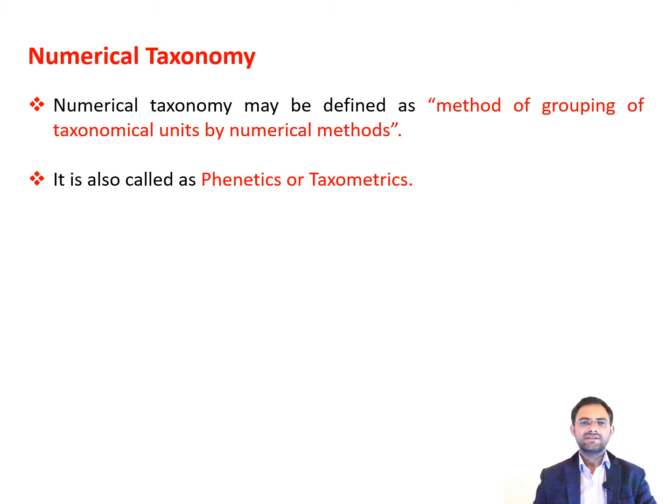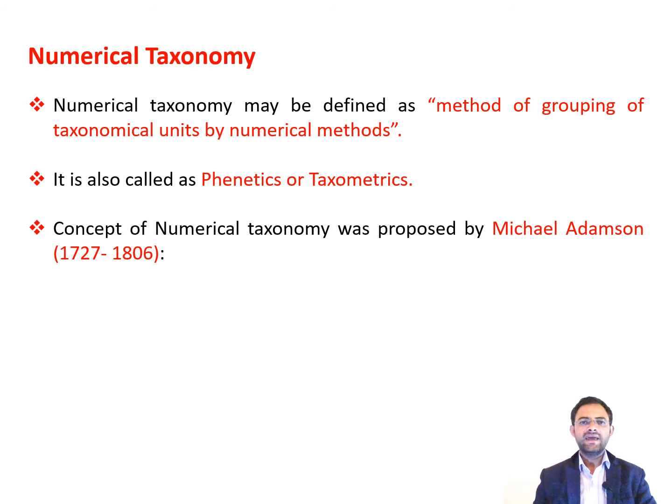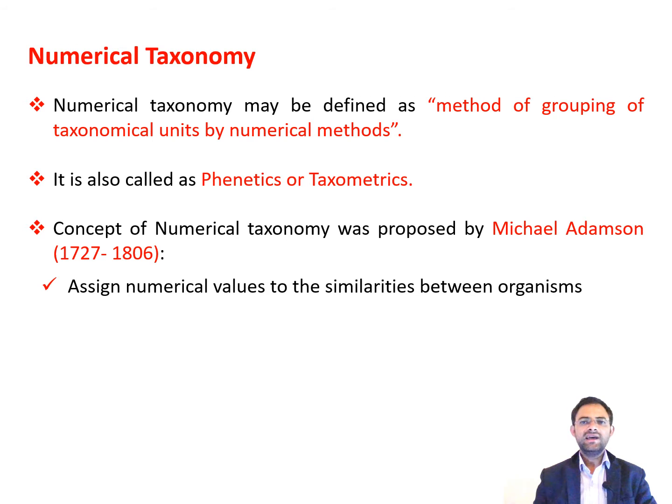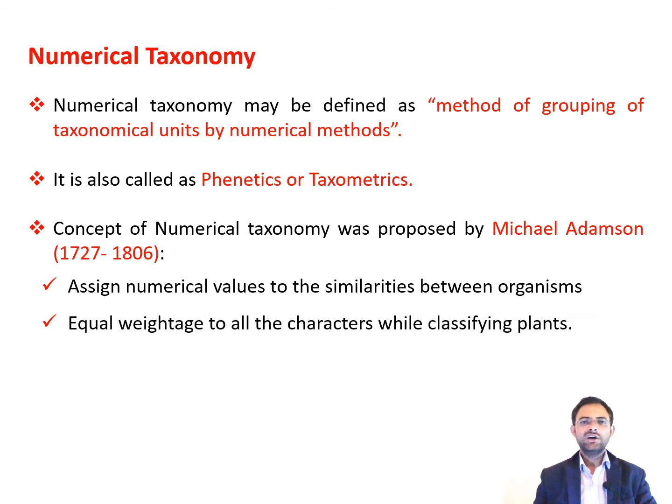It is an approach to biological classification which uses overall similarity to assess relationships and is also called phenetics and taxometrics. The concept of numerical taxonomy was proposed by Michel Adanson, a French botanist, who planned to assign numerical values to the similarities between organisms, and he proposed that equal weightage should be given to all the characters while classifying plants.